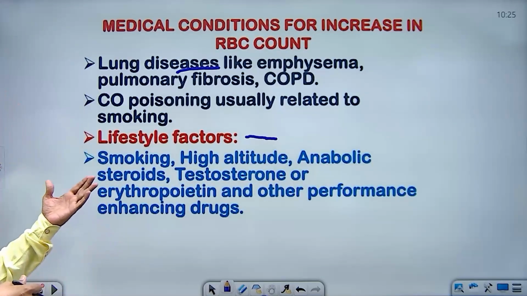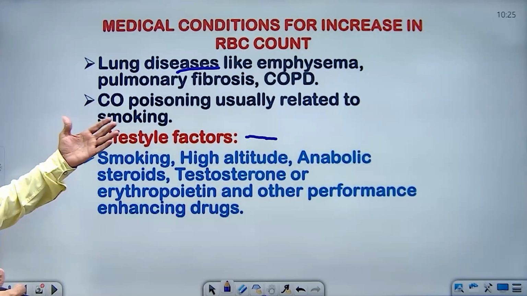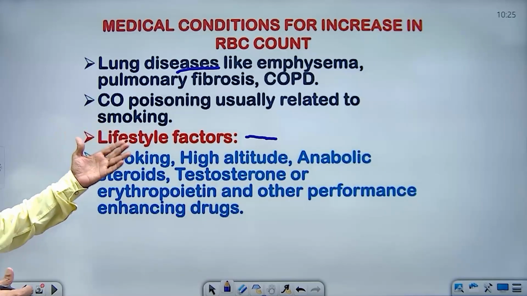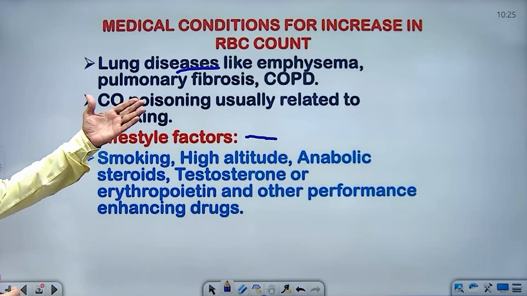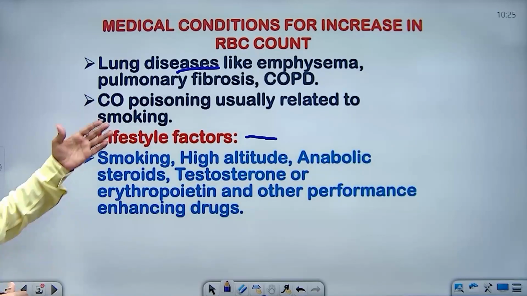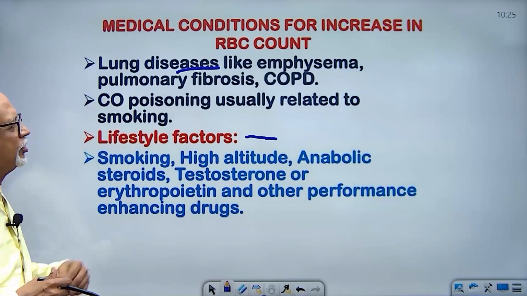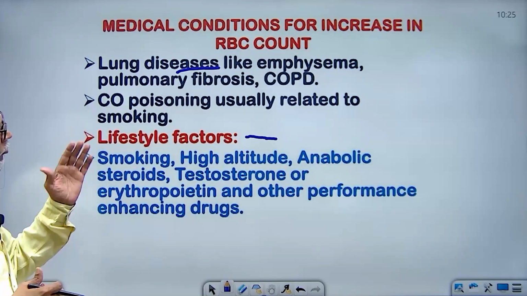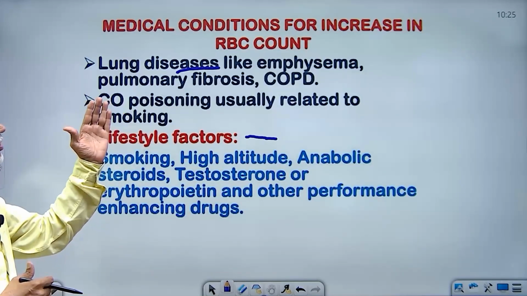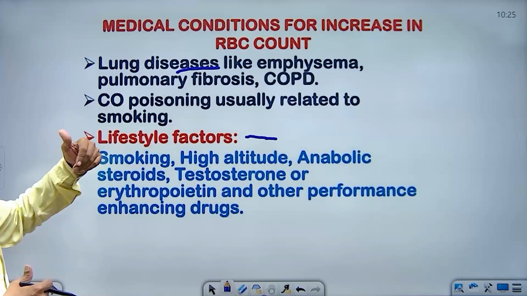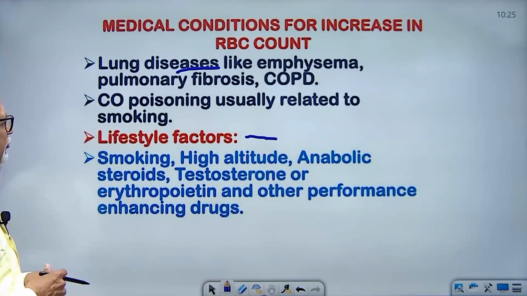So, tissue hypoxia occurs, that increases the RBC count. Like in case of emphysema, pulmonary fibrosis, COPD. So, in all these medical conditions, RBC count increases.